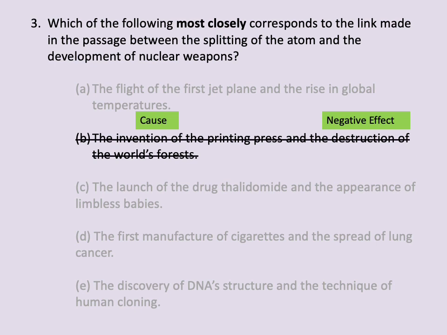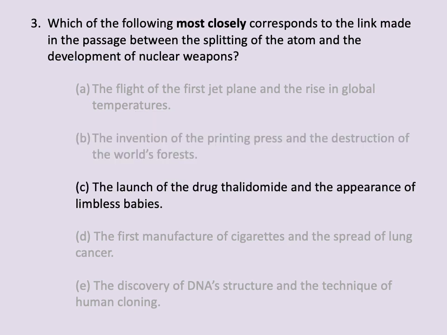So we can cross that one off as well. How about our third option? Does this fare any better? Well, once again, we're shown an example of science gone wrong and an explanatory cause. So that one goes as well.